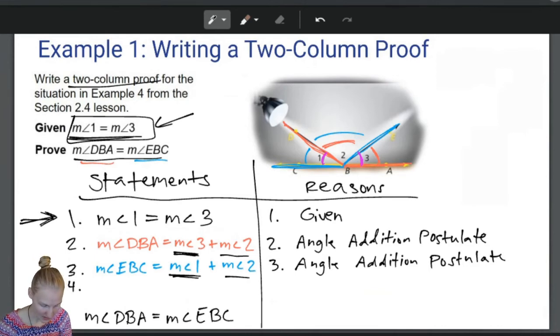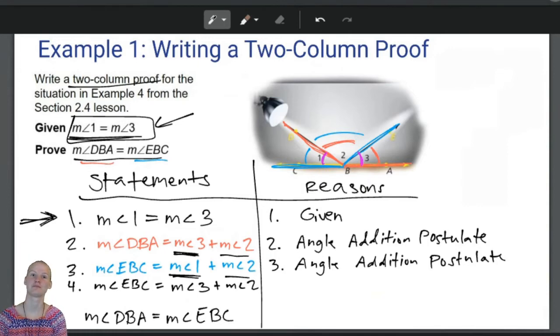So, I'm allowed to say that the measure of angle EBC is equal to the measure of angle 3 plus the measure of angle 2. And why am I allowed to do that? Well, because angle 1 and angle 3 were the same. So I just substituted, instead of writing the measure of angle 1, I wrote the measure of angle 3.